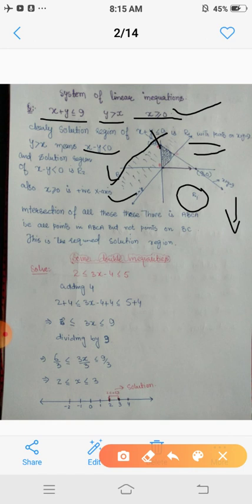That is why the required solution region is ABCA, but not the points on line BC. So this is the required solution region, as shown in this shaded portion.